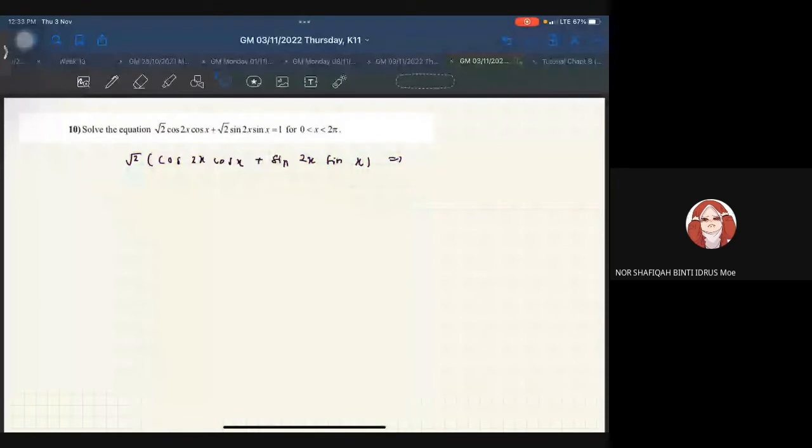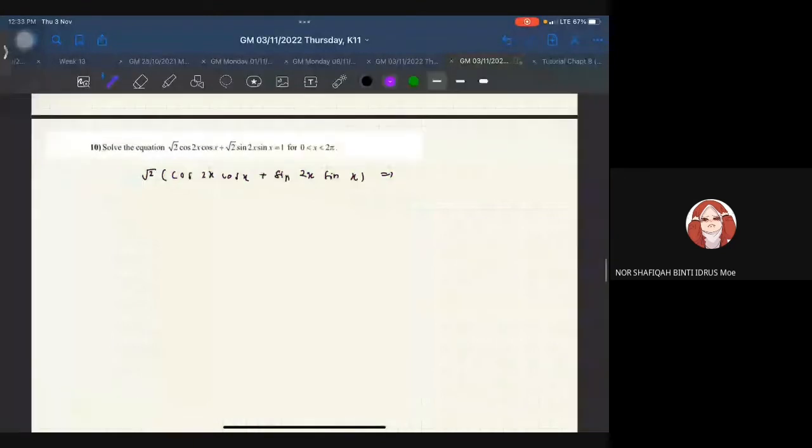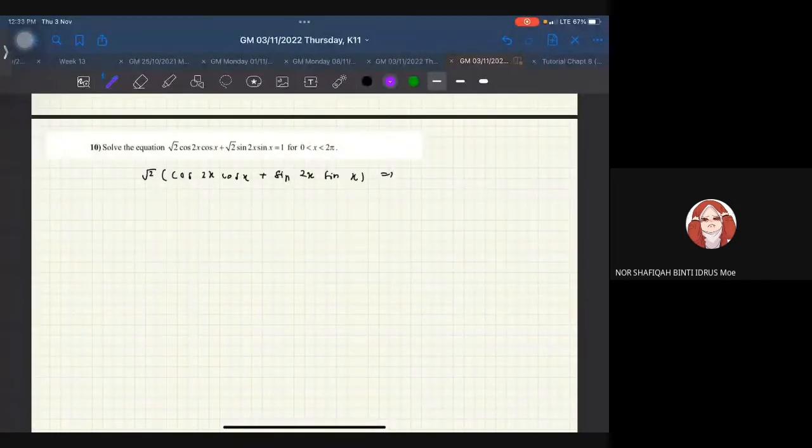Okay, so next. So, apa lagi awak perasan dekat sini? Angle dia sama tak kalau ikutkan? Ada persamaan pada angle dia tak? Cuba tengok dia punya pattern tu. Look at the angle. Dekat sini 2x. Dekat sini 2x. Dekat sini x.